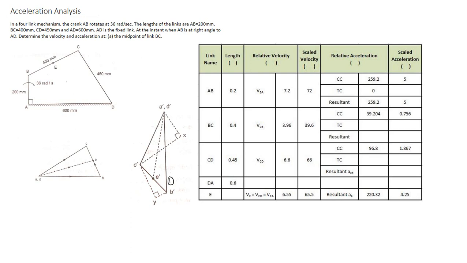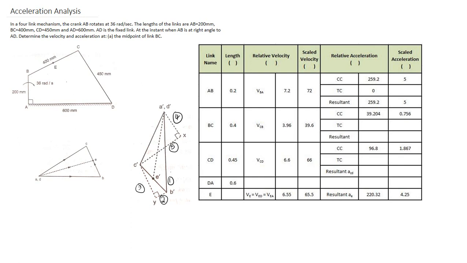Then from the point B, draw the second centripetal component, that is the centripetal component of the link BC, and from there draw the tangential component of the link BC. Then draw the centripetal component of the link CD, and after that the tangential component of the link CD.